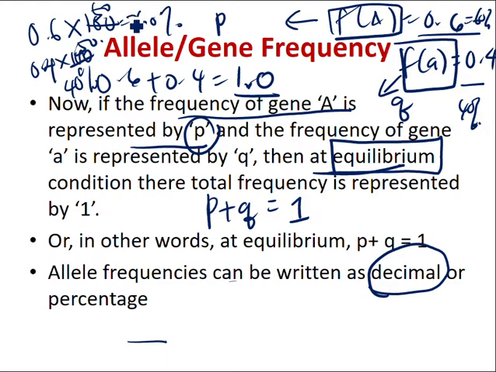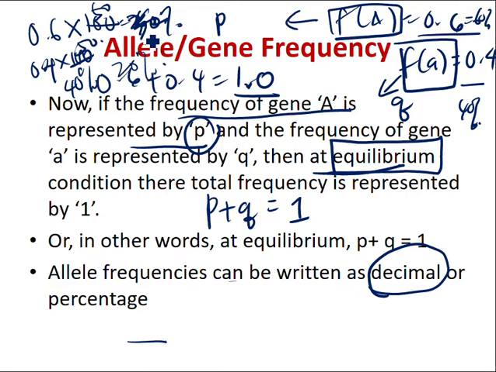So it should be 30 here if there are 50 people. Let me calculate that. Yes, 30. And then 0.4 times 50, you get 20%.